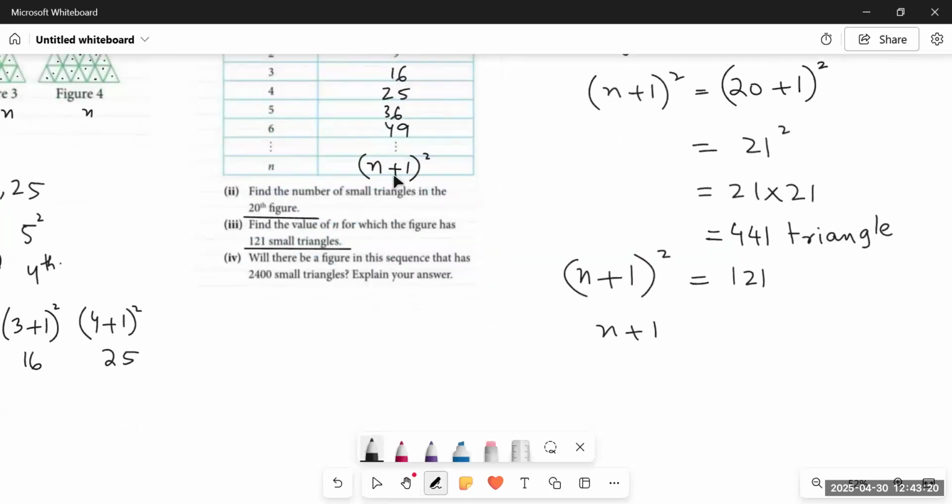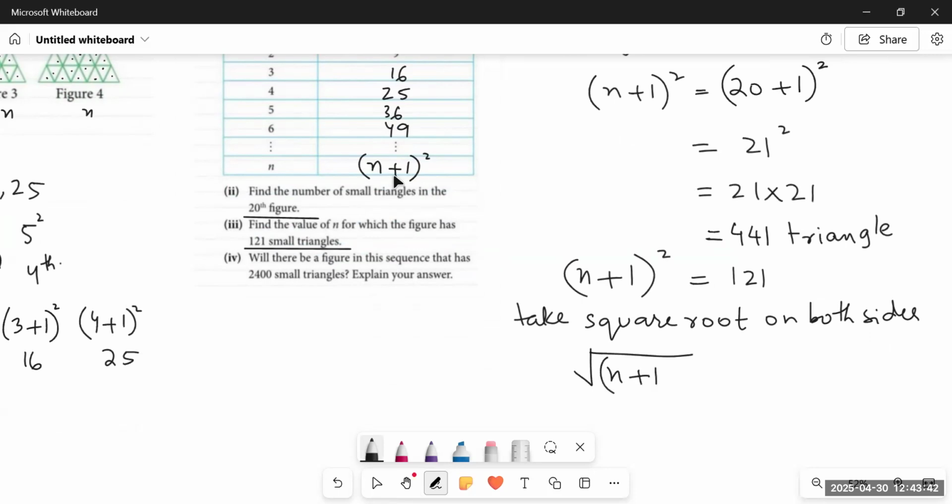Whenever we have a square and we have to remove that square, what do we need to do? We simply find the square root on both sides. By taking the square root, the root will cancel the square, and here it will be the square root of 121. 121 is the perfect square of 11.